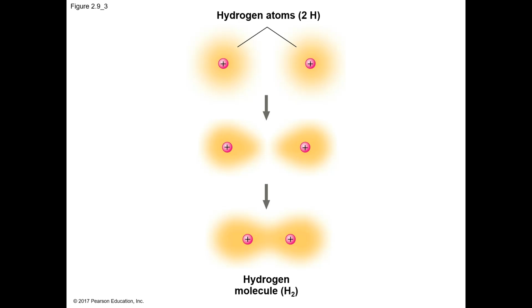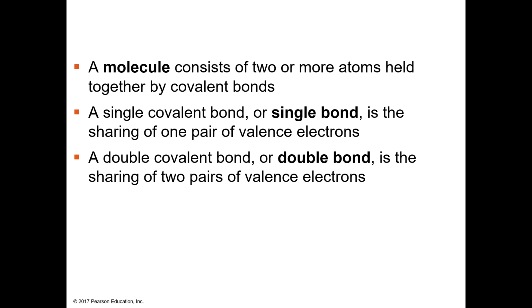So this is hydrogen now. It's a molecule. You've got 2 of them formed together, covalently bonded. So it's H2, and you can see because the yellows merged there, that's indicating that there's a structural bond between the two. Now, a molecule consists of 2 or more atoms held together by covalent bonds.